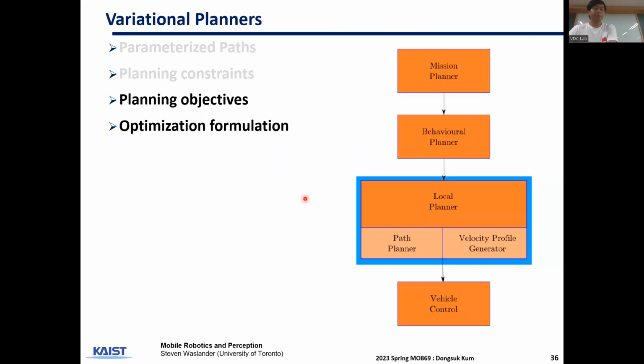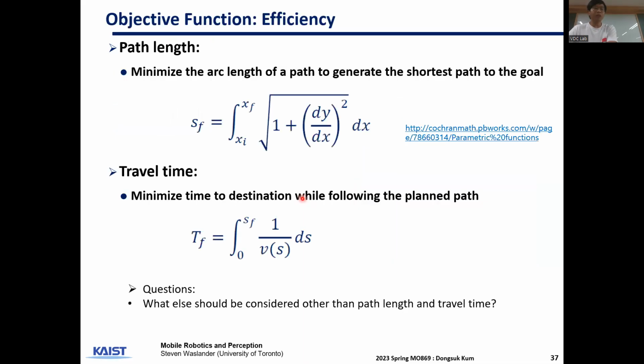For the planning objectives required, a common objective is efficiency, usually expressed by minimizing the path length, or in this case, the arc length of the curve, and we minimize this.